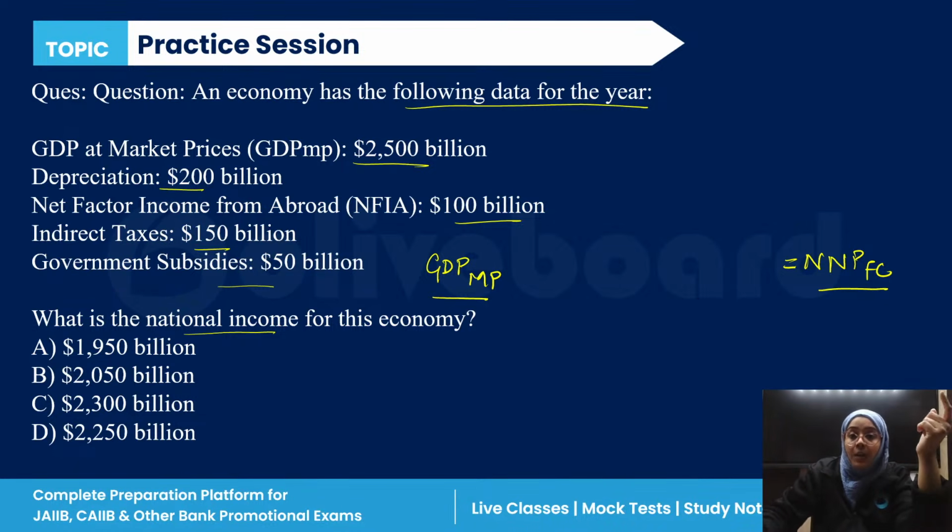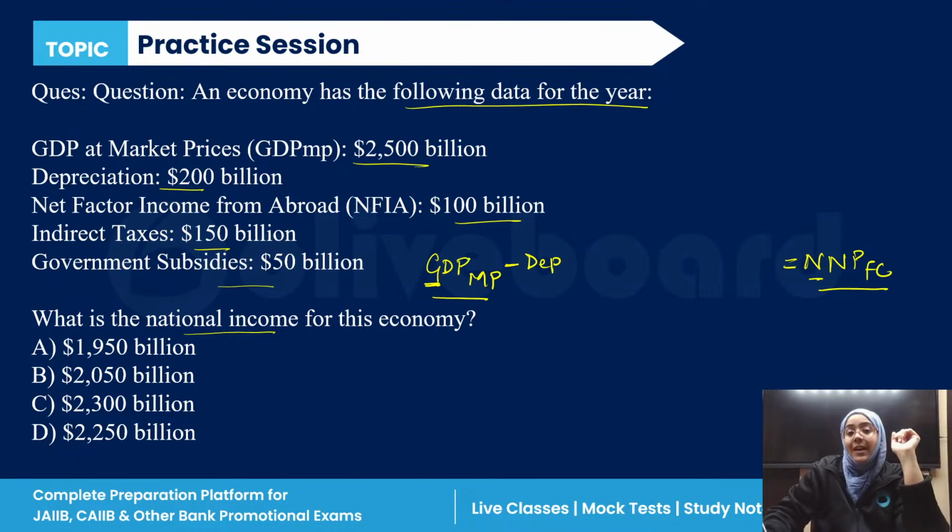If you all remember, first of all, we have to change gross to net, which is minus depreciation. Then to change domestic product into national product, we have to add net factor income from abroad. Then we have to come from market price to factor cost.